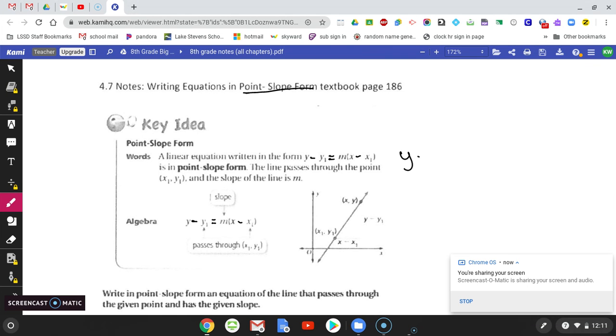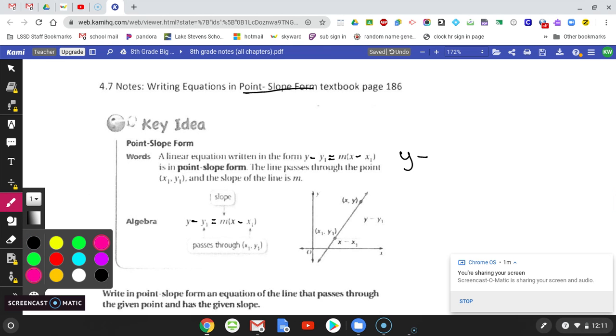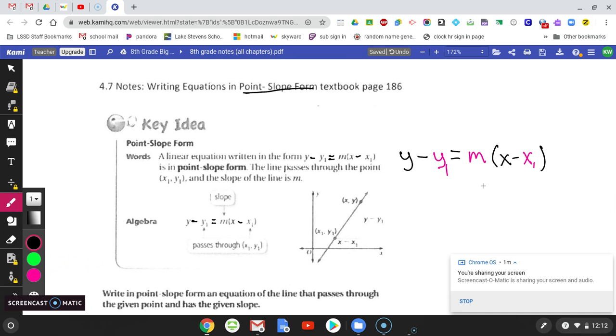The equation is y minus y1 equals m parentheses x minus x1. I changed colors here to help you.